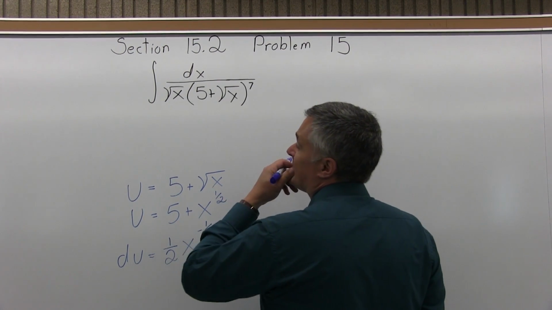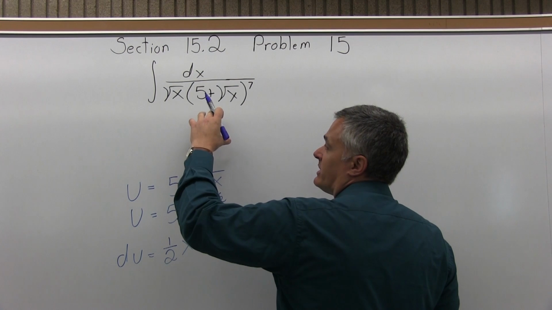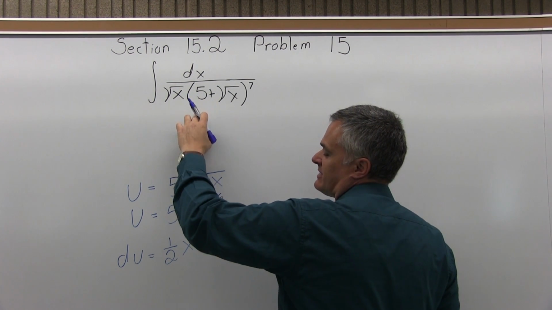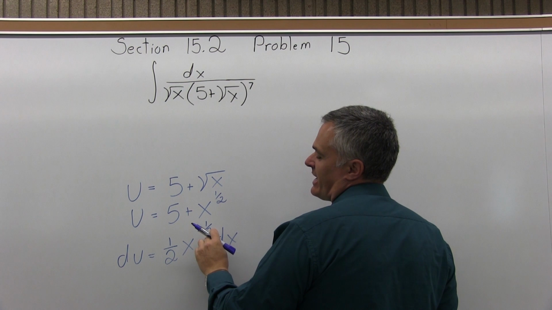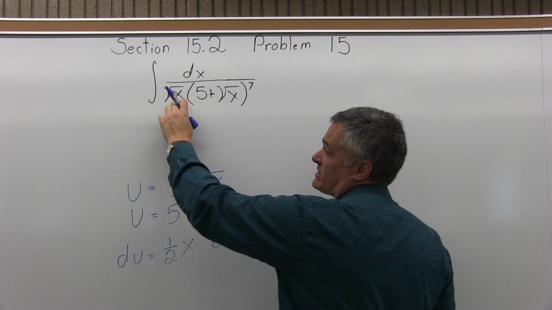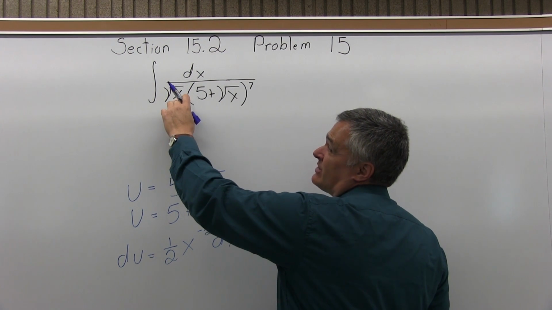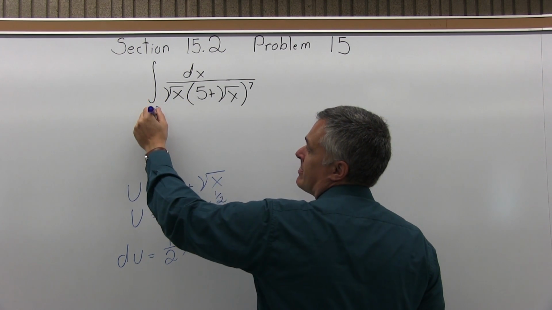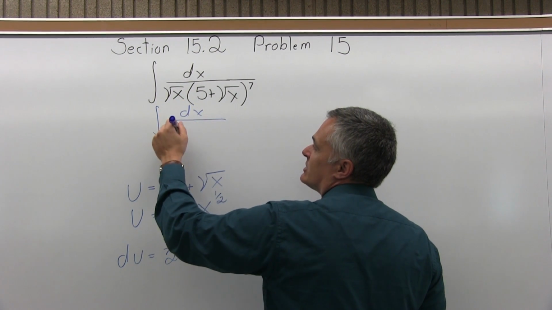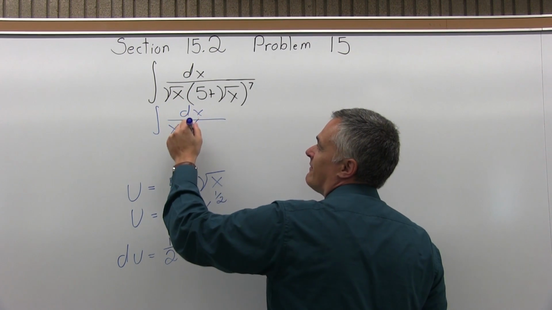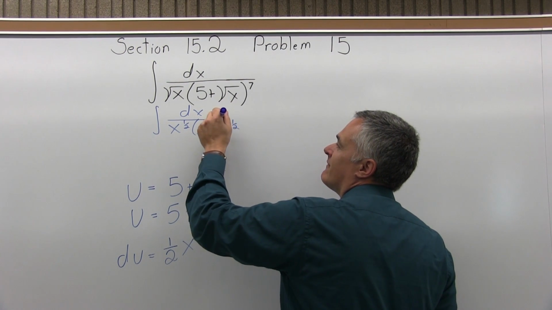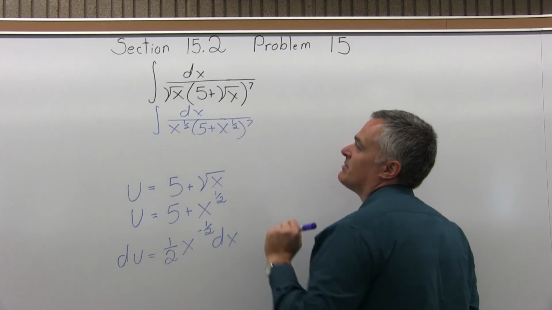Now, to make it match up, before I start plugging in my u's to replace the x's, let me rewrite this a little bit. I see an x to the negative 1/2. I'm viewing this square root of x in the denominator as an x to the negative 1/2. So let me start by rewriting this as dx over x to the 1/2 times (5 plus x to the 1/2) to the 7th power.